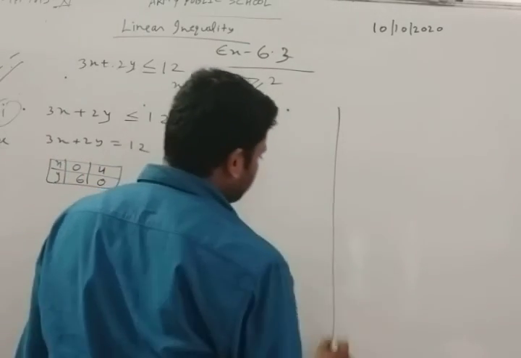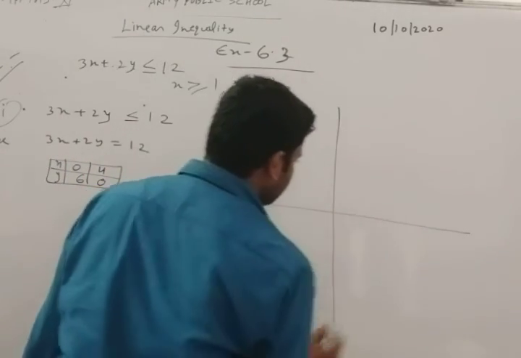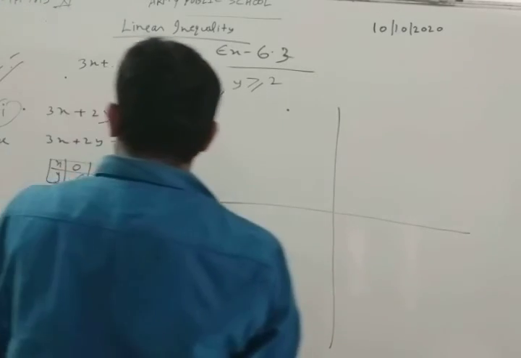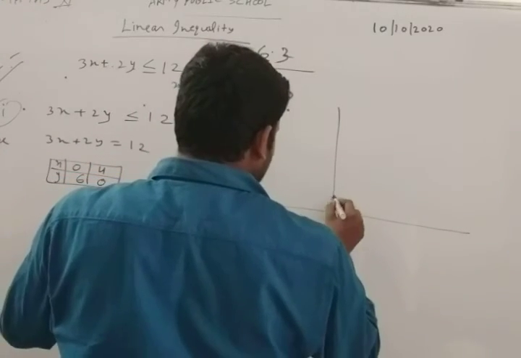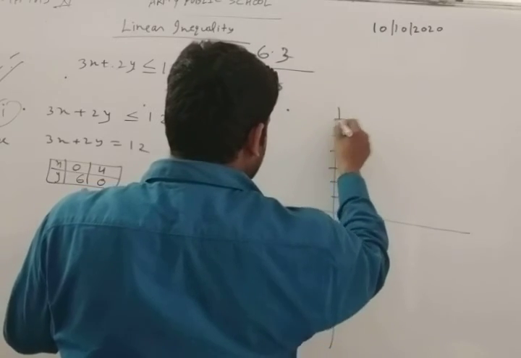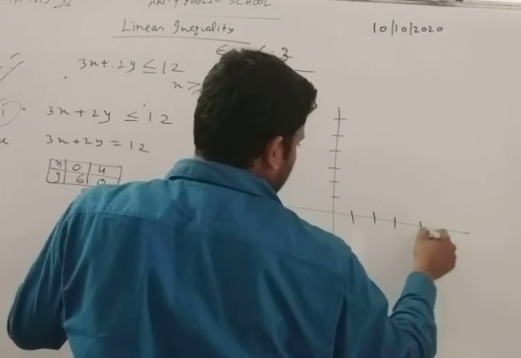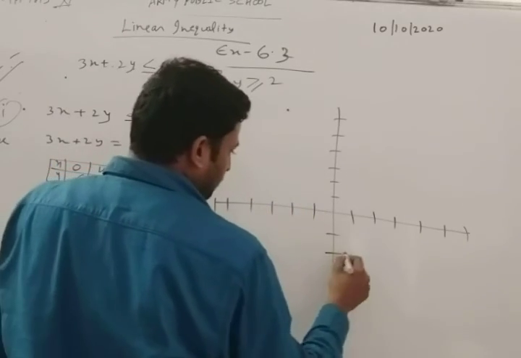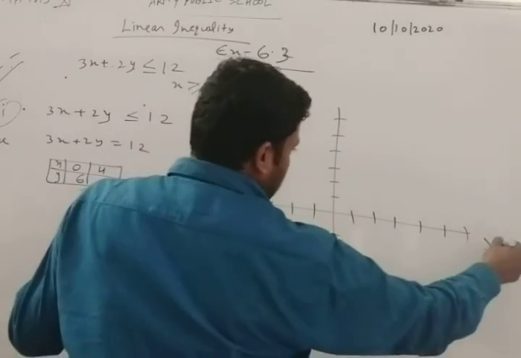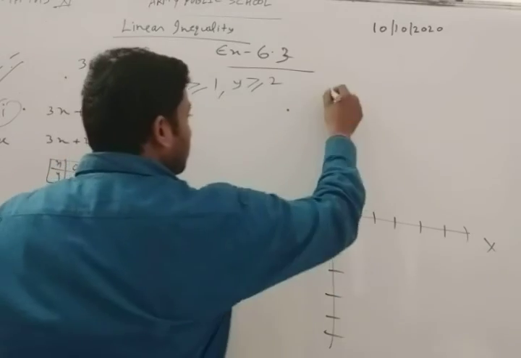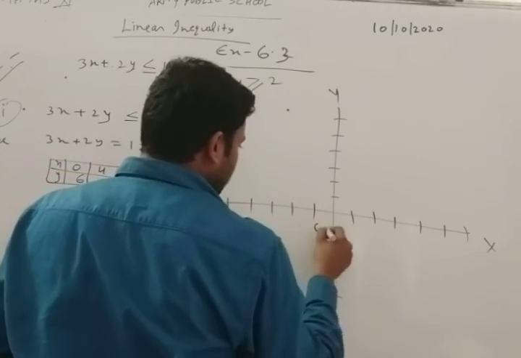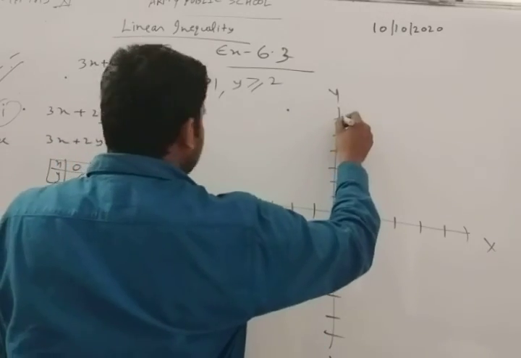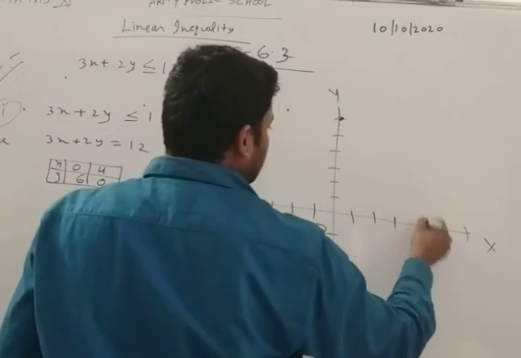Draw the graph. 0, 6, 1, 2, 3, 4, 5, 6, x, x dash, y, y dash, 0. Now 0, 6 is this and 4, 0.